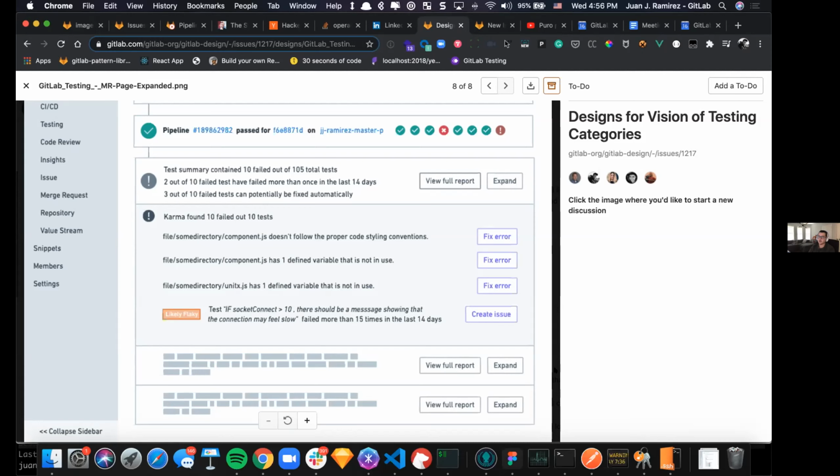I think we can apply that same format and pattern to almost all of our categories: accessibility, browser performance, code quality too, where if you see a fix for the code quality part of it, then you can probably apply that for you later.